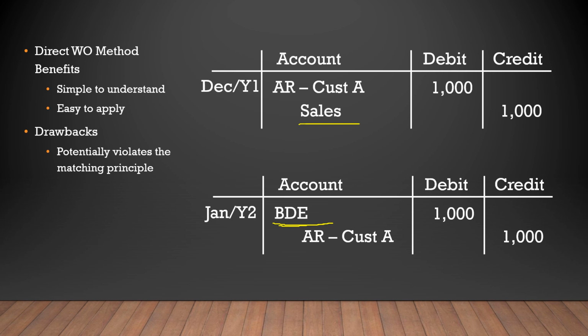For this reason, the direct write-off method is not commonly used. This is not to say that it's never used, but it's popular among very small businesses or those that don't have significant credit sales or AR balances. To uphold the matching principle, most companies opt for the allowance method.